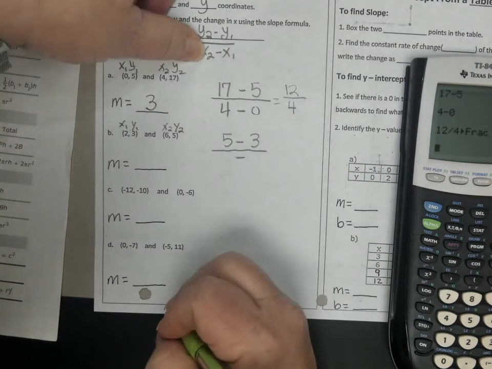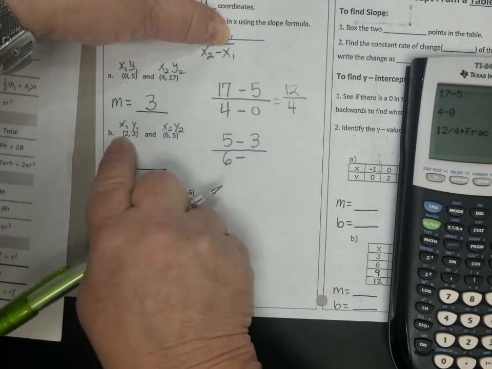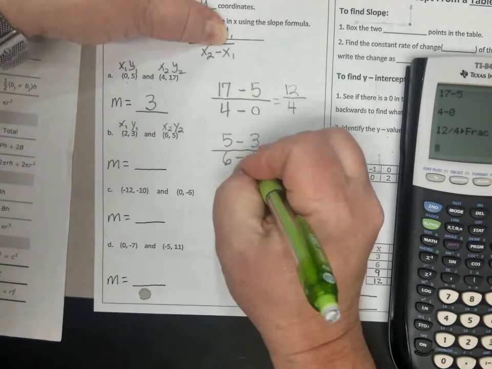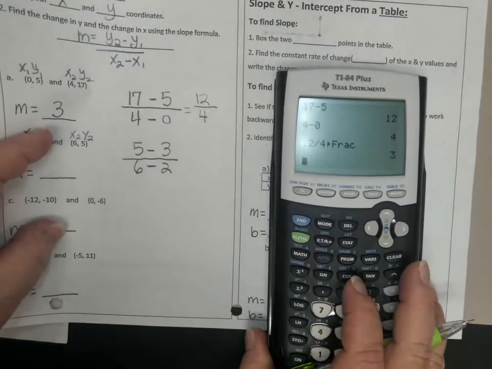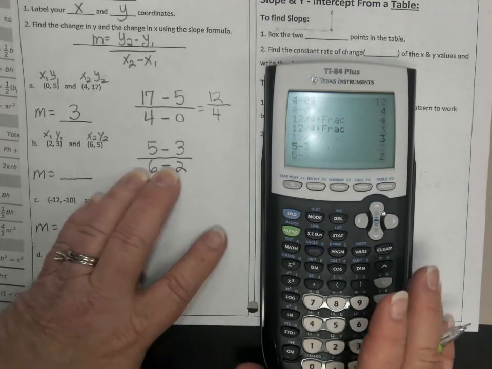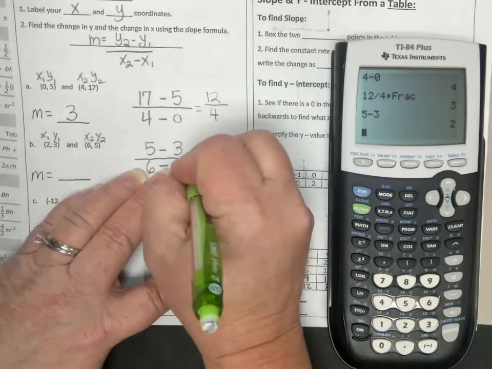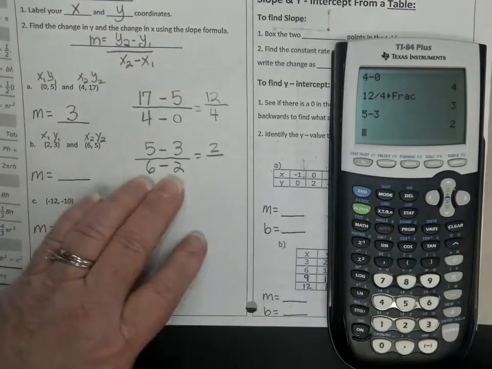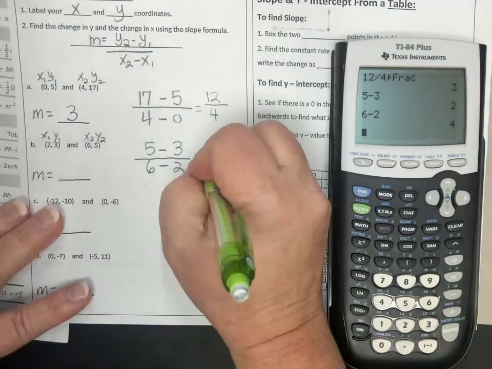Then I have x2, which is 6, and then I have x1, which is 2. So now I'm going to put that in my calculator just like I'm looking at it. It says 5 take away 3, and I am going to write that down, and it says that number is 2. Then it says 6 subtract 2, which is 4.